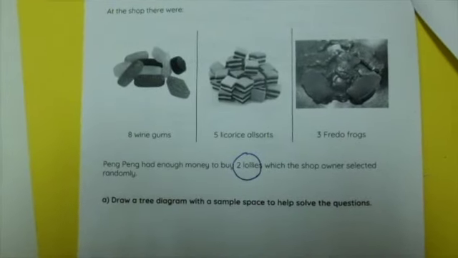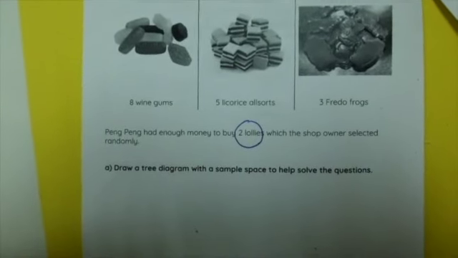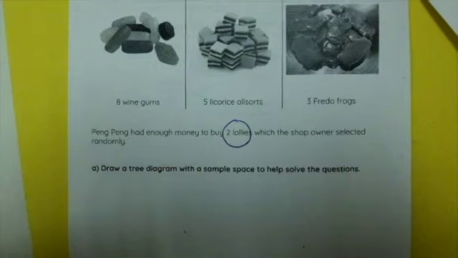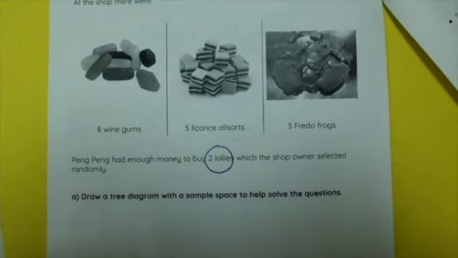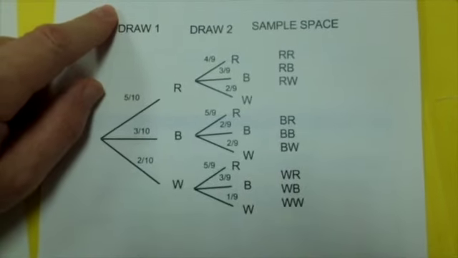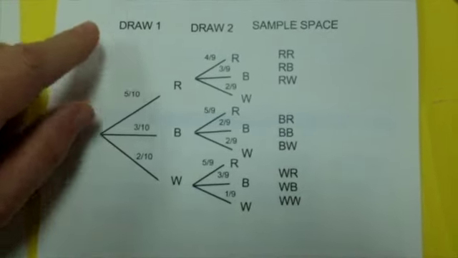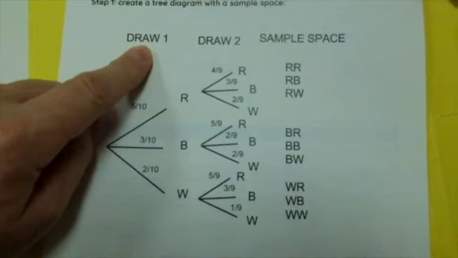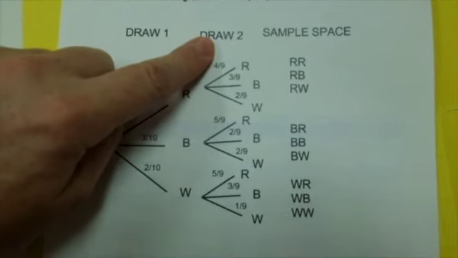First question it says is draw a tree diagram with a sample space to help solve the questions. Now, if I go back and have a look at the example, this is what the tree diagram needs to look like. So we have the first lolly that he selects, and the second lolly.